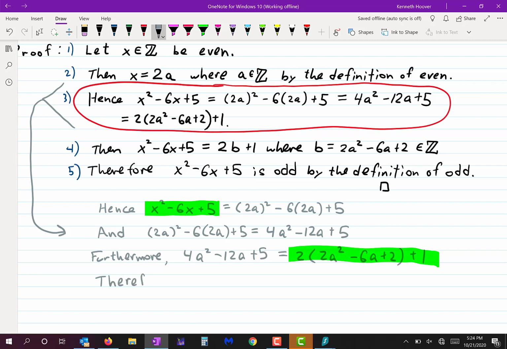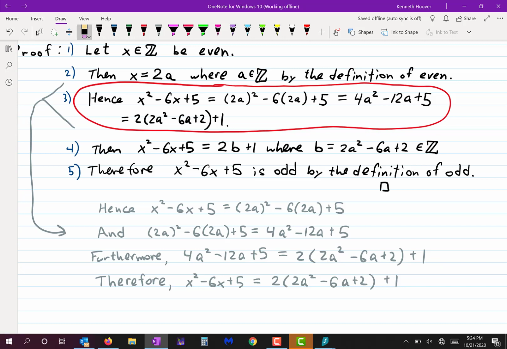You don't have to use therefore only on the last line. You can use it in the middle of your proof too. Therefore, x squared minus 6x plus 5 equals 2 times the quantity 2a squared minus 6a plus 2 plus 1. Okay? So look.